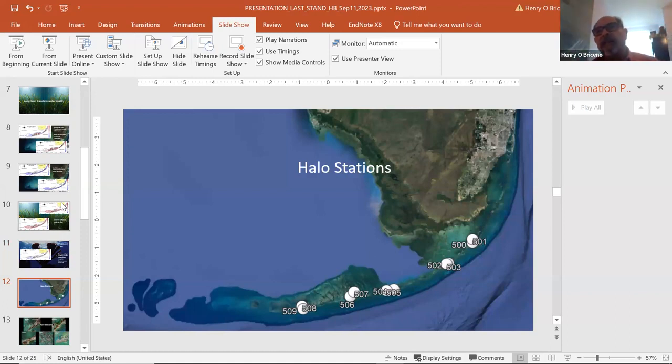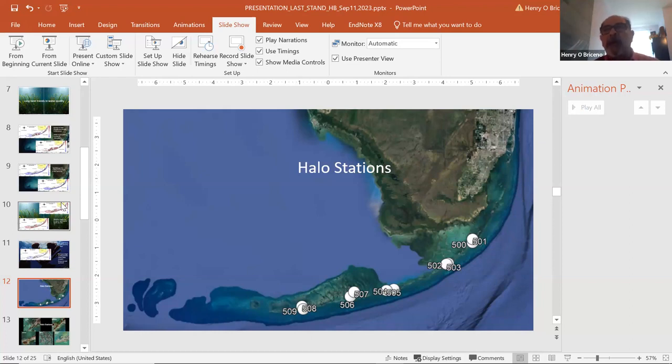When we designed the initial monitoring program, the objective of that program was not to measure pollution coming from the Keys. It was a general program to see the general conditions of the ecosystem, mostly on the coral reef.